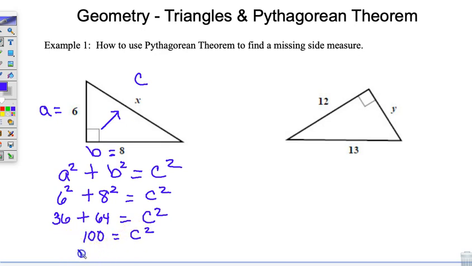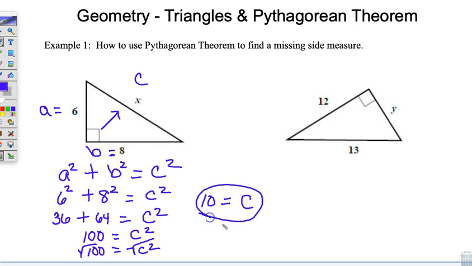When you find the square root of 100, you're looking for a number that times itself is equal to 100. If you're not sure, you can always use your calculator and find the square root of 100. If you happen to know that that number is 10, you are correct. When you find the square root of C squared, that's just C. So in other words, the square sign and the square root cancel each other out.